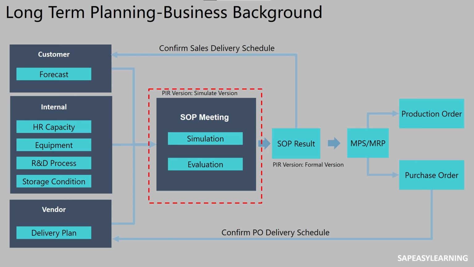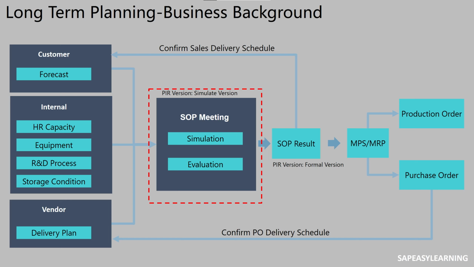And after calculation, we will also inform our vendor about their delivery schedule to us for raw materials. So in the SOP meeting, we need a lot of simulation and calculation to achieve the final result. It may take days to prepare the data and hours of discussion in the meeting.